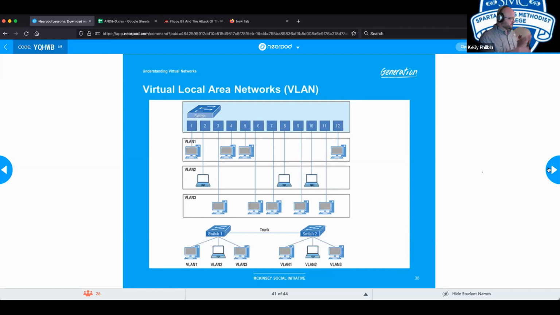This is how you can take a single switch and break it up into multiple local area networks, where they only view each other as part of their network, not everybody on the same switch, but just whatever pieces you designate as part of that network. We will get into that more with regards to virtual LANs.